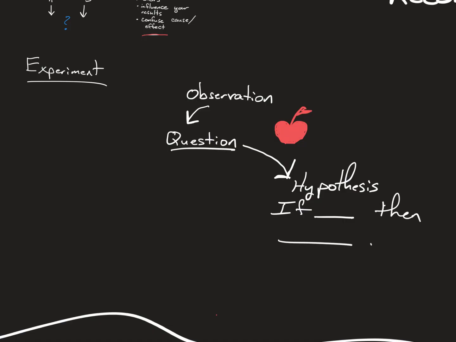If-then statement. What does that suggest? Think about all the things we just talked about a minute ago. What does that suggest? Cause and effect. Requiring what? How many factors? 2. From the very beginning, we're limiting ourselves to 2 factors.